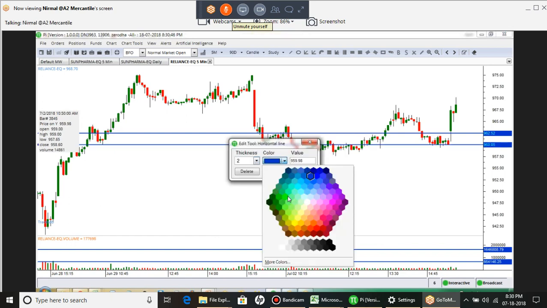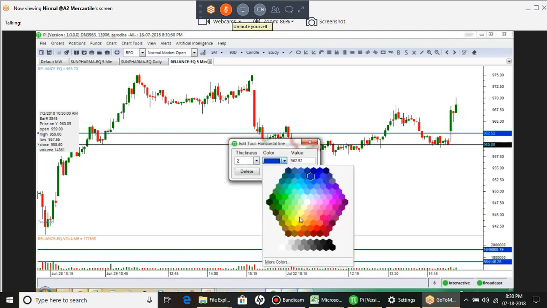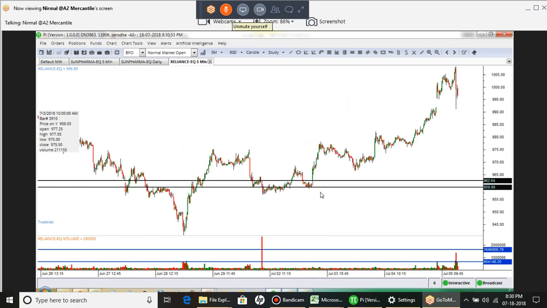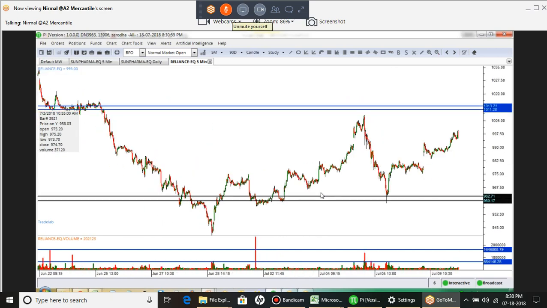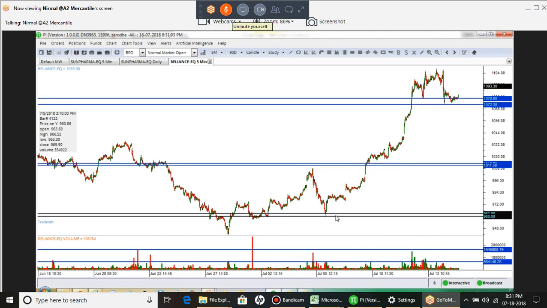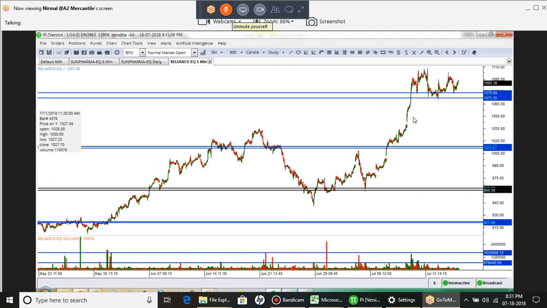I'm changing the color so that it is clear. Okay? Now, the first trading day of the month, the first highest volume respected. Yes or no?